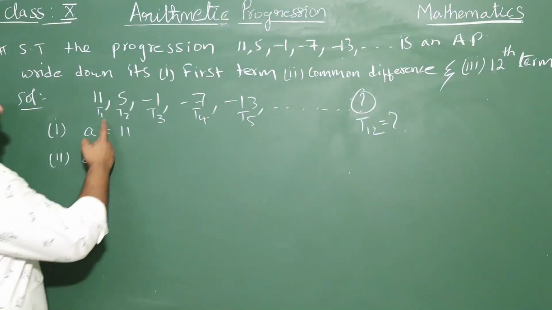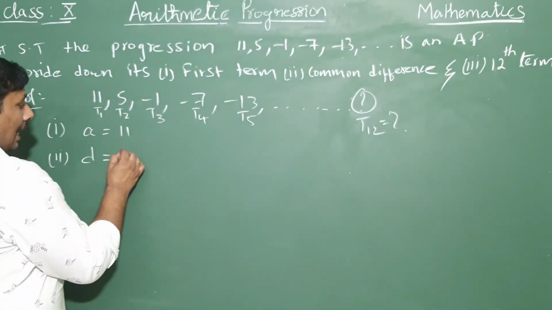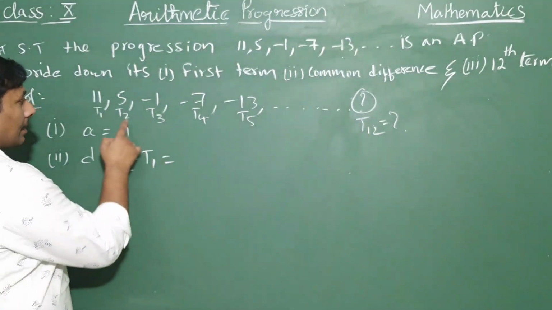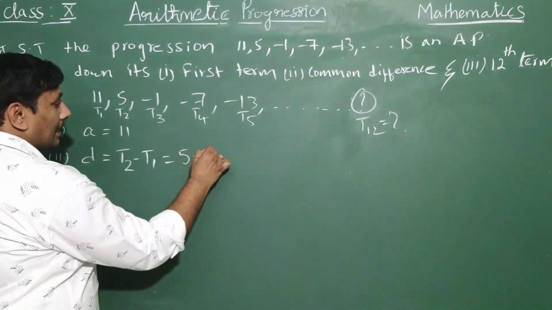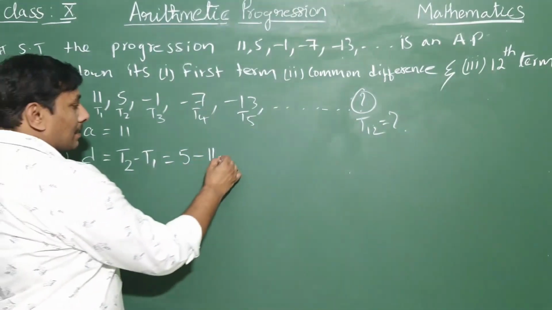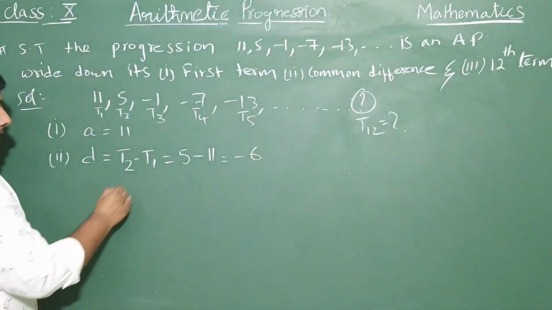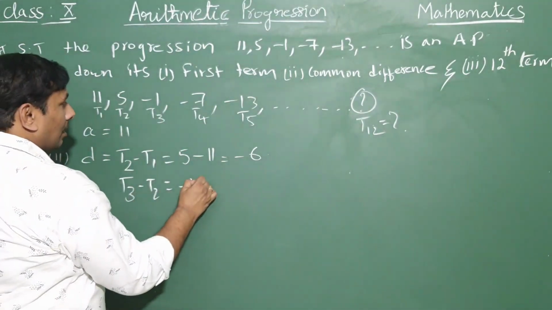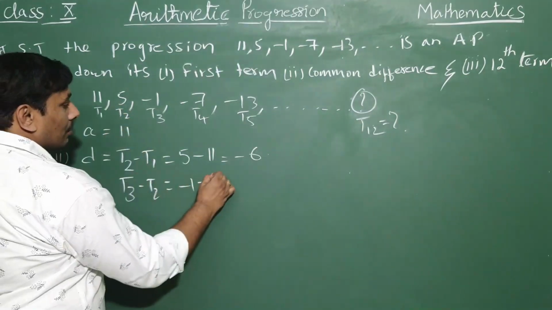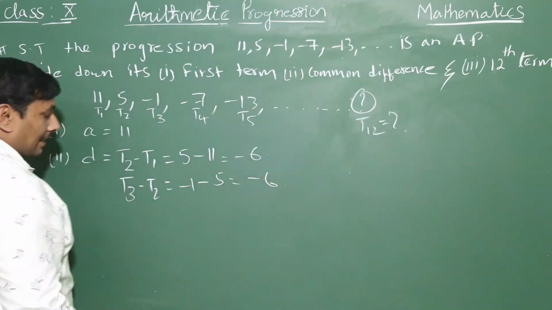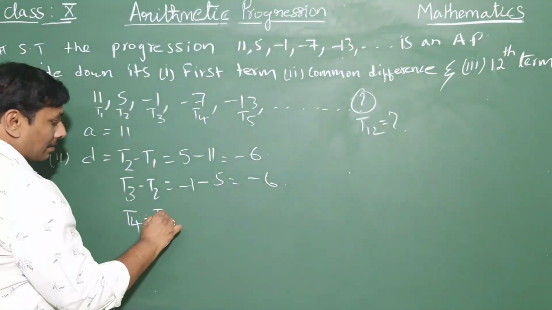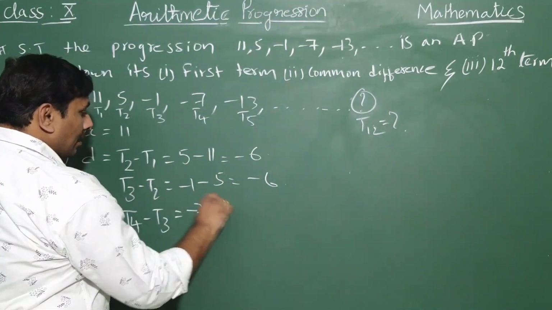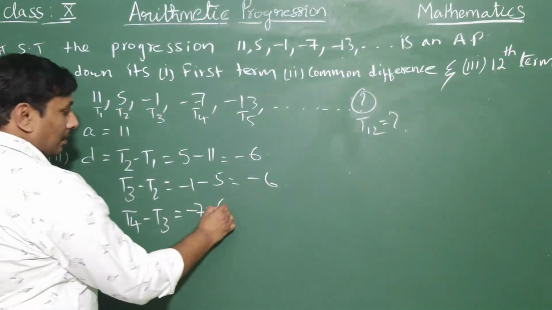Now we will find the common difference. As usual, D is T2 minus T1, that is 5 minus 11, which is minus 6. Next, T3 minus T2: T3 is minus 1 minus T2, which is 5, is again minus 6. Let us see T4 minus T3: T4 is minus 7 minus T3, which is minus 1.